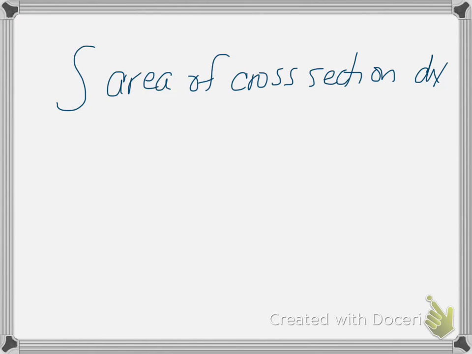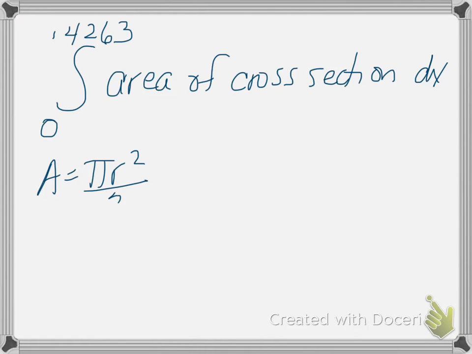So that means that your interval is still going to stay from 0 to 0.4263. So the only thing you need now is the area of the cross-section. Okay, so the cross-section is a semicircle, so you're going to need the area of a semicircle, which is pi r squared over 2. So the question is, what is r?